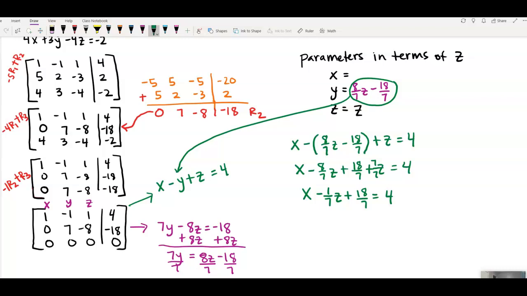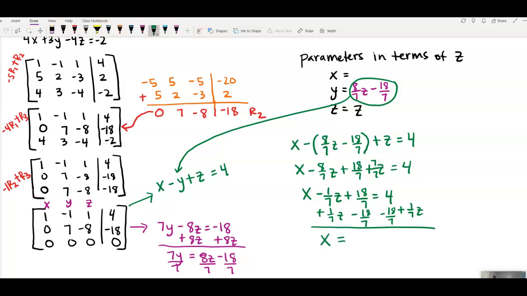Because now we got to get x by itself, so I'm going to add the 1/7 z over, right? And I need to add, or sorry, subtract my 18/7 over. All right, so I'm doing like 4 minus 18/7.